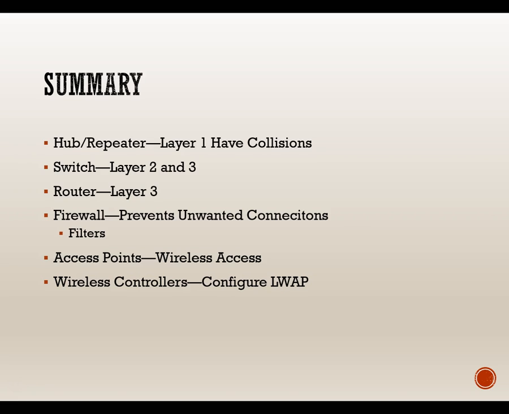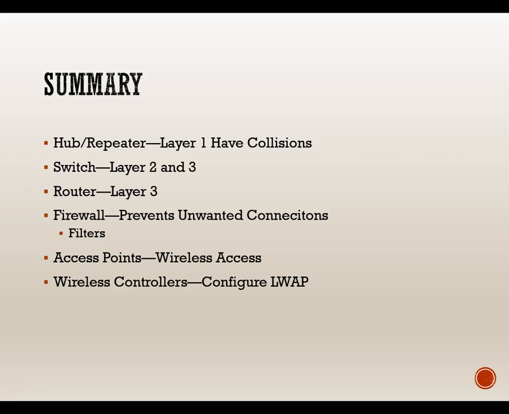The summary here: the hub and the repeater were layer 1 devices. We have a single collision domain with them. For switches, we had layer 2 switches and layer 3 switches. The layer 2 switch created collision domains, a collision domain on each of the ports. If we have a 24 port switch, we have 24 collision domains. The router was a layer 3 device.